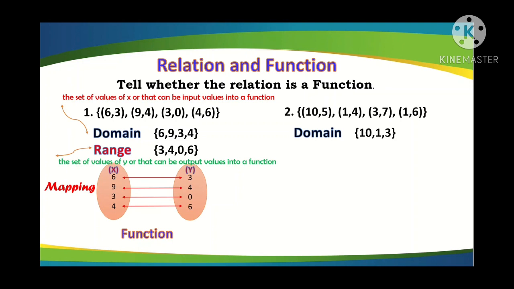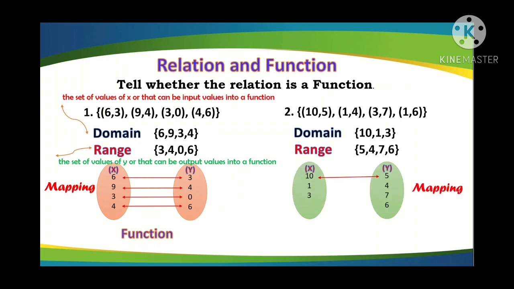Since there are two elements of 1, we write it only once in the domain. So the range, we have 5, 4, 7, 6. Let us do the mapping. We have 10 corresponds to 5, 1 corresponds to 4, 3 corresponds to 7, and 1 corresponds to 6.